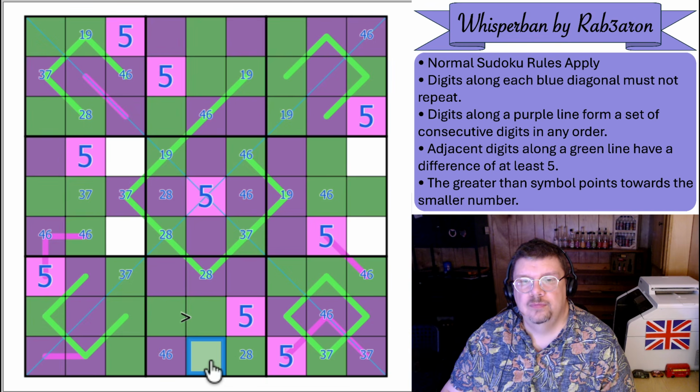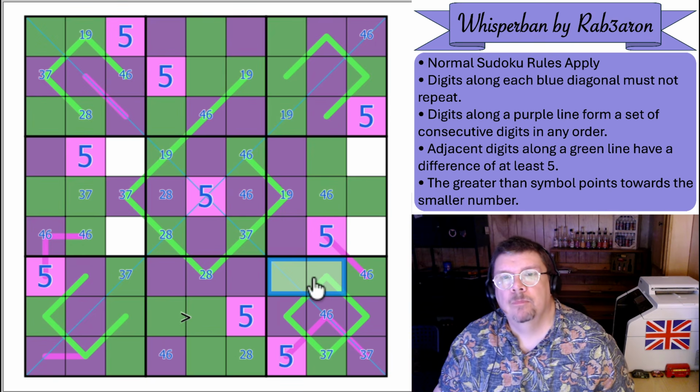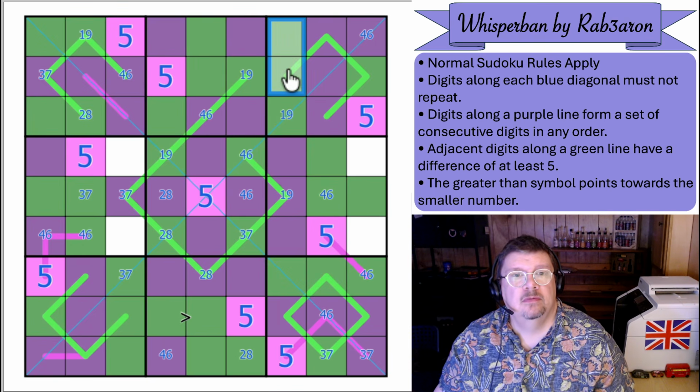That's 1, 9 or 4, 6. 1, 9 or 2, 8. Where's the green? The green 4, 6 is one of those two. That we already know.